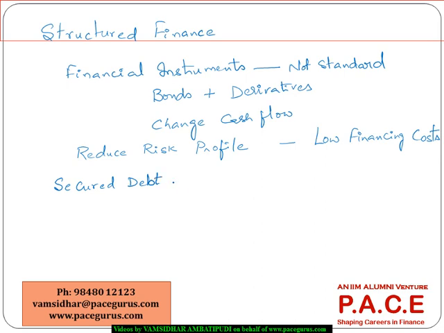It could be viewed as a firm issuing a secured debt by pledging some assets. It could be fixed assets, it could be current assets, whatever it is. By pledging some assets as collateral, it's as good as the firm issuing a secured debt.